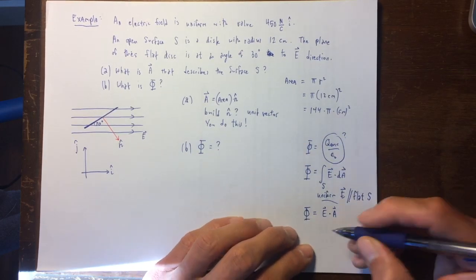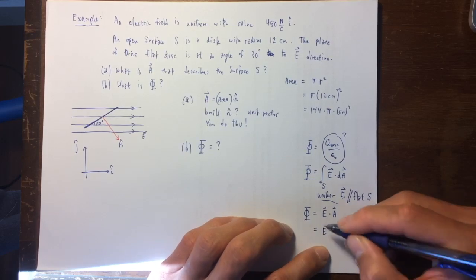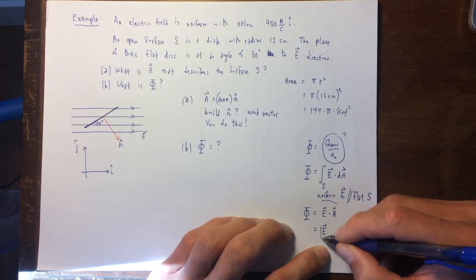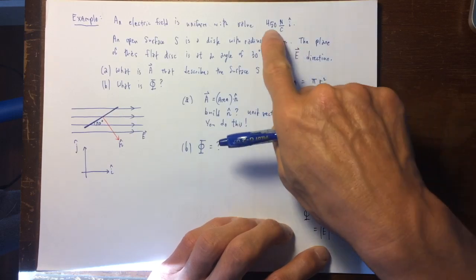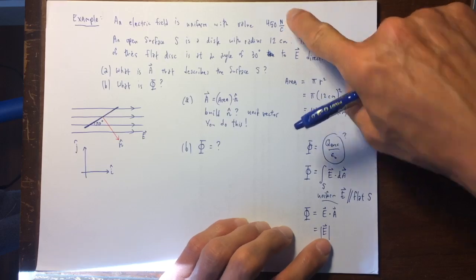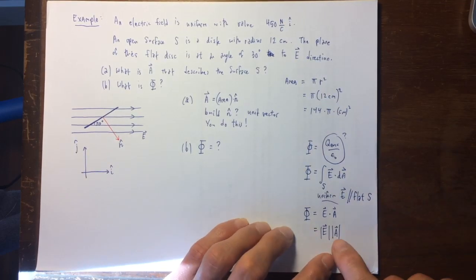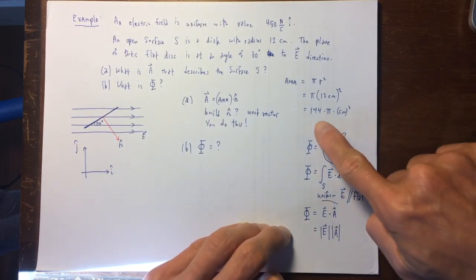So it's going to be the magnitude of the electric field, which is 450 newtons per coulomb, dropping the i hat, no direction, just magnitude, times the magnitude of the area. The magnitude of the area is right here.